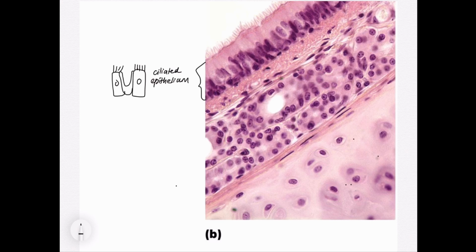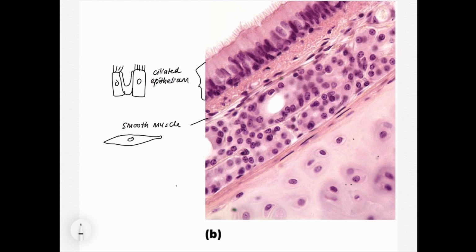Below the ciliated epithelium layer, you can see smooth muscle. And a smooth muscle cell usually looks flattened, or sometimes you call it spindle-like.